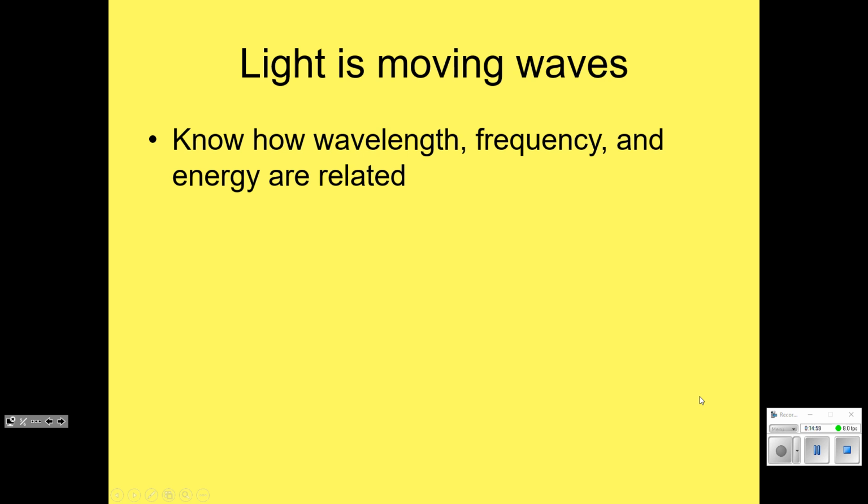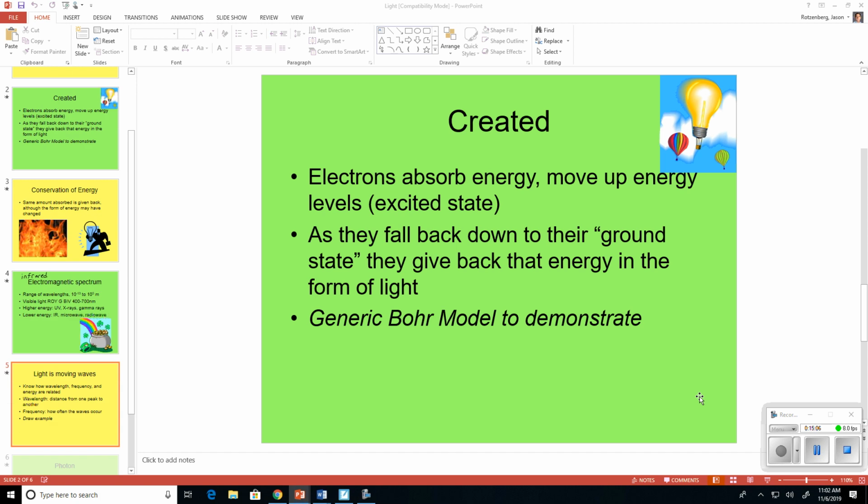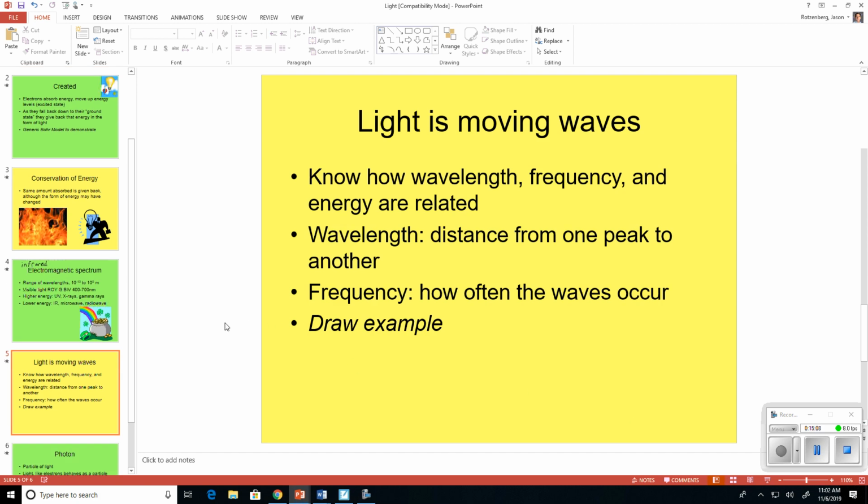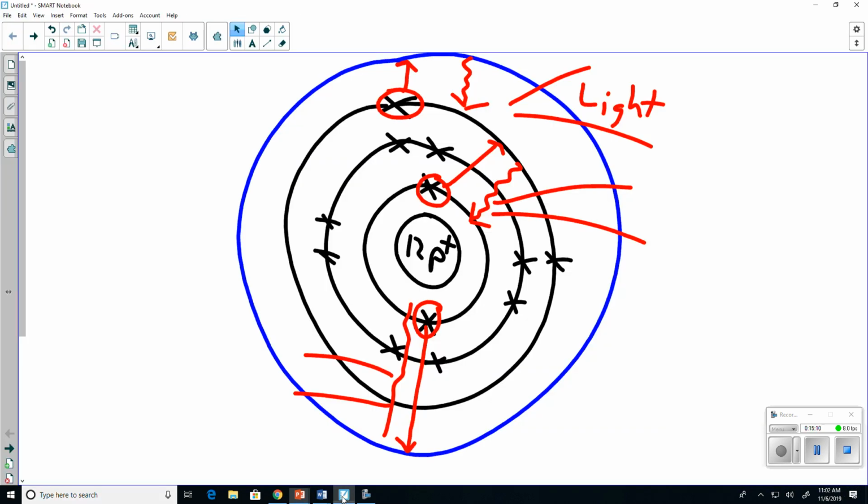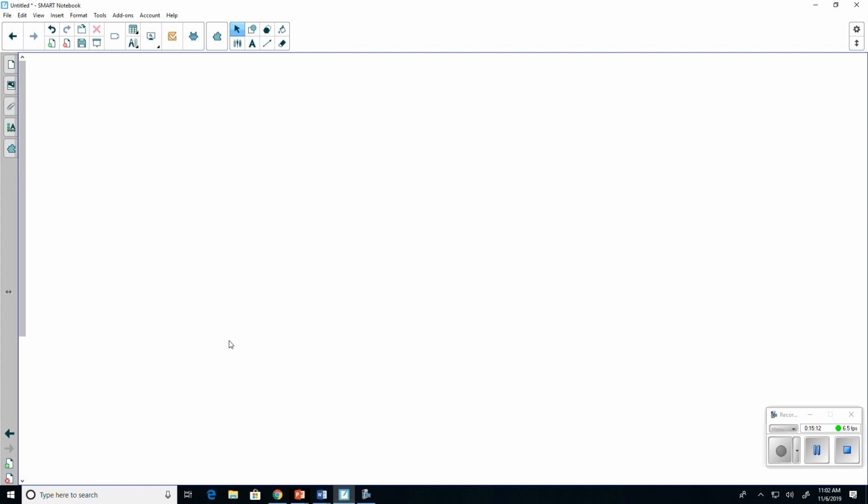Again, what I'm going to do is draw this out on the Smart Notebook as an example, and hopefully you can see these relationships. I'm going to draw two different waves of light.